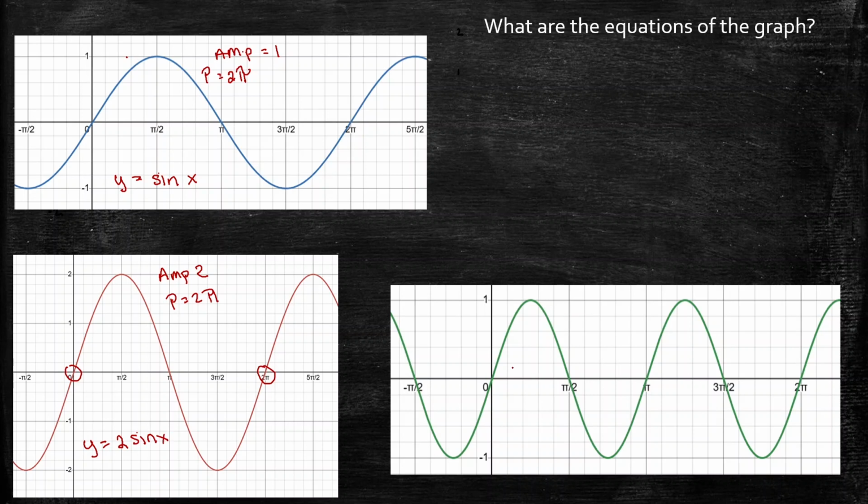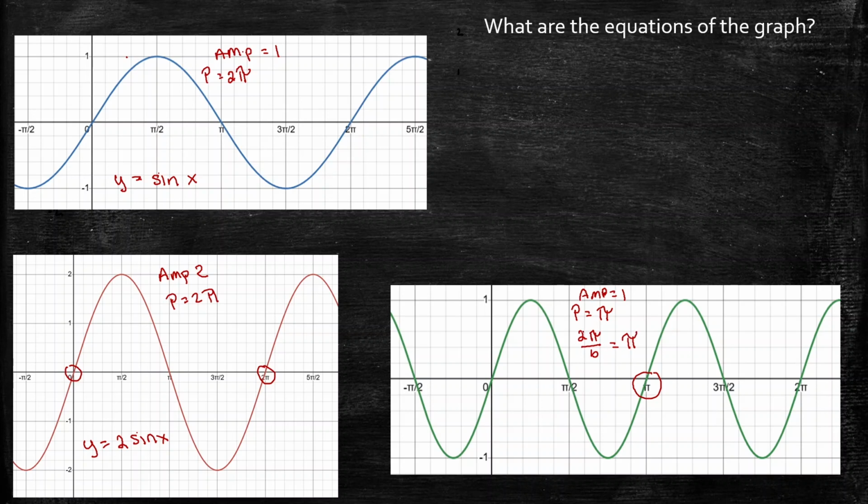Okay. And then now let's do the green. So the green one, amplitude is 1, but my period is pi. So if the period pi equals 2 pi over b, okay?